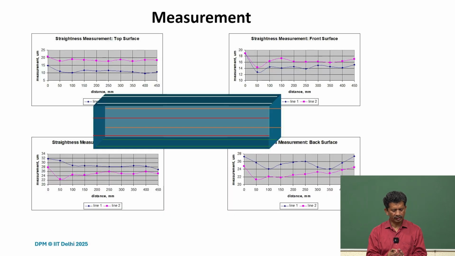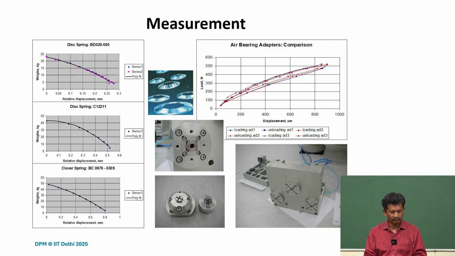We tried to do the measurement first for the granite block, and this is how we did it. We put it on a surface plate and did the measurement so that we know the flatness and the straightness. This is the spring I was talking about, the Belleville springs or disc springs.